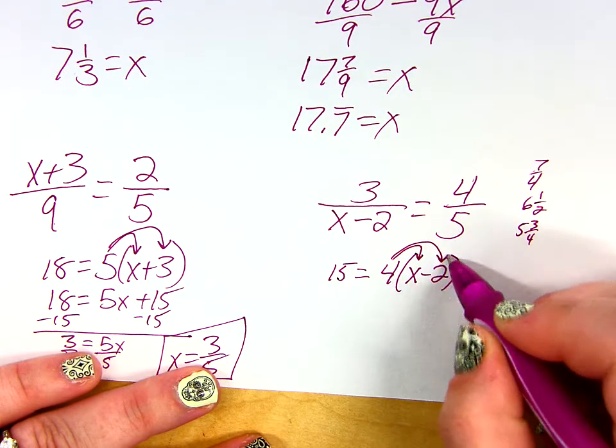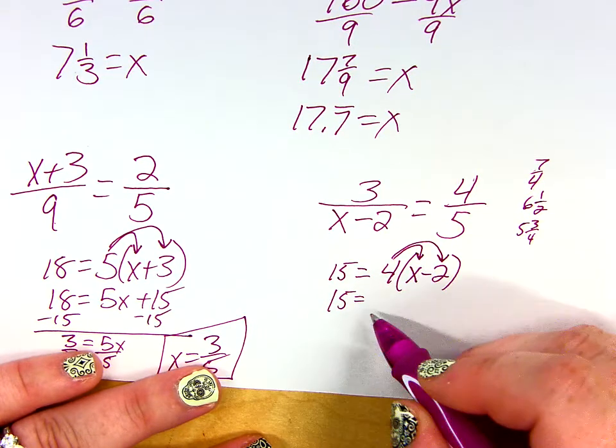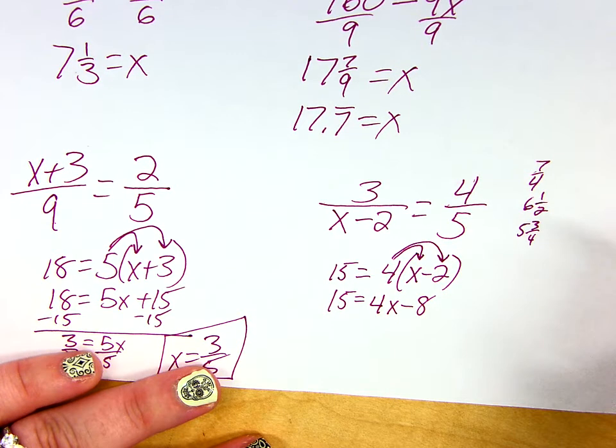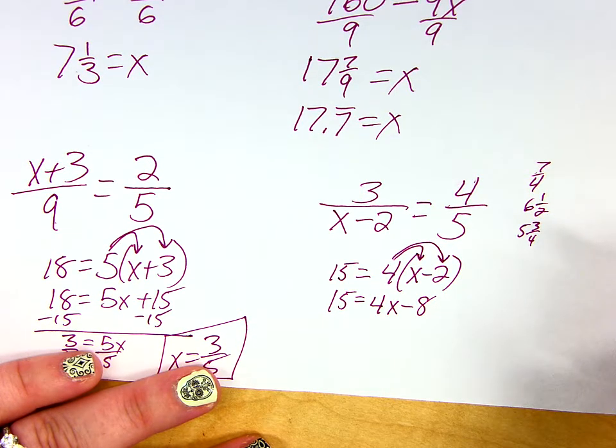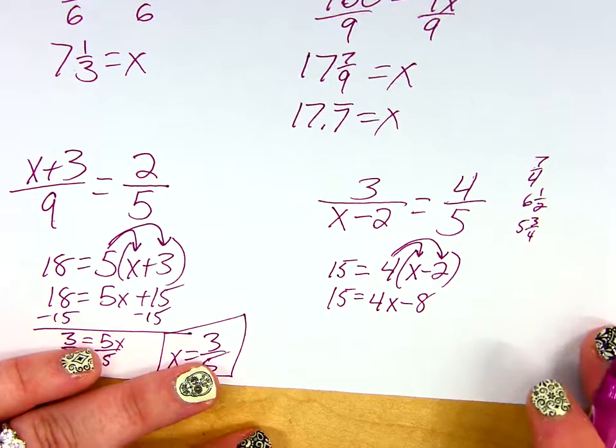So you should have a line somewhere on your paper with 15 on one side and then 4x minus 8 on the other side. If you have 4x minus 2, you did not distribute. You have to make sure you multiply both those numbers by 4, not just one of them.